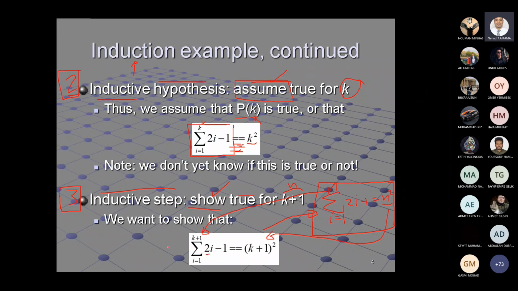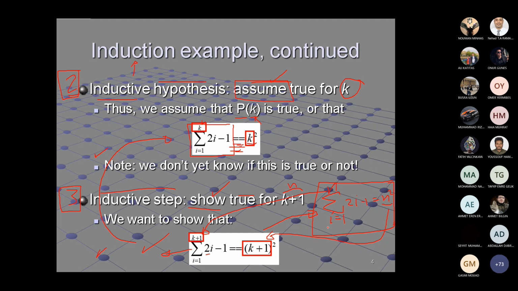Now we have to show that this one is true. How to show that? We will use our assumption. If we get it true, then our assumption is true, then the whole statement or the whole equation is true.